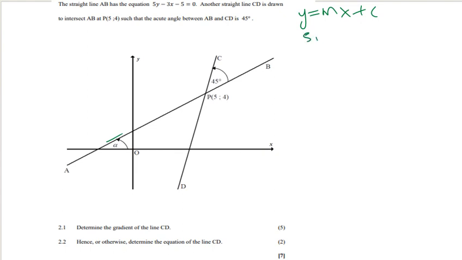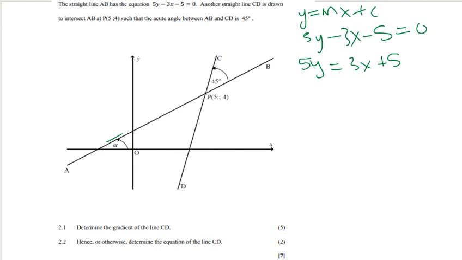Okay, we have this type of equation. We need to firstly rearrange this. So let's make y the subject of the formula. How are we gonna do that? Let's take all of these numbers to the right hand side. So 5y is equal to 3x plus 5.